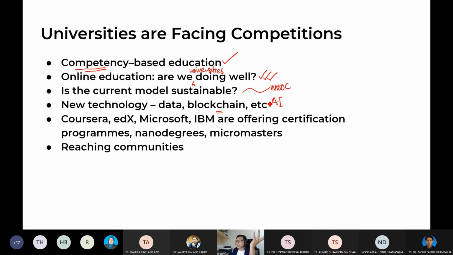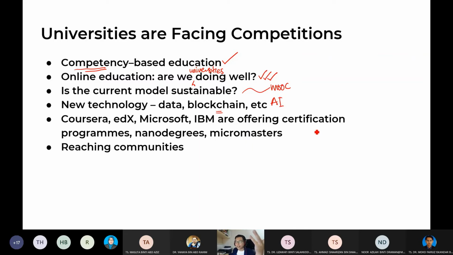When we think about this, universities have to have a new mission. You have to get into micro-credentials because we are losing out. They have better online teaching and learning methods out there. Their models are sustainable, and they are creating more money right now. They know how to use data and technology, blockchain, and AI, for example to assess students' computer programming code.